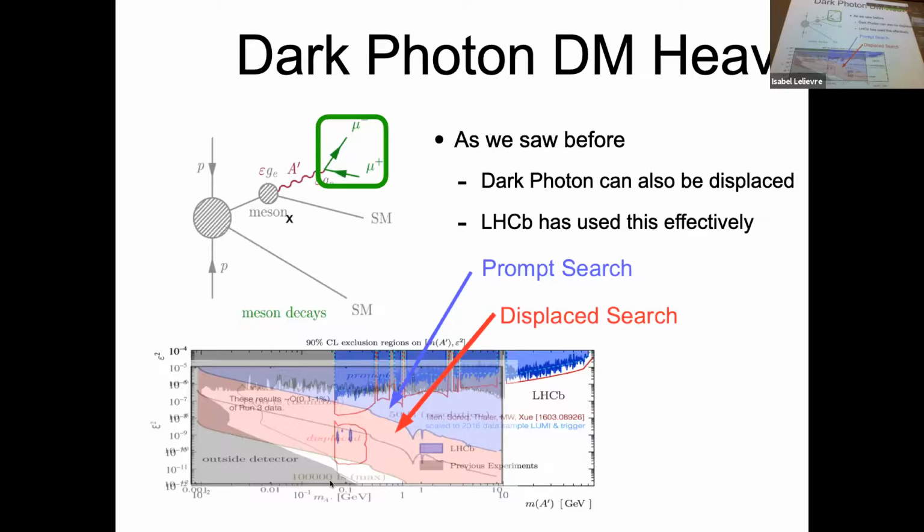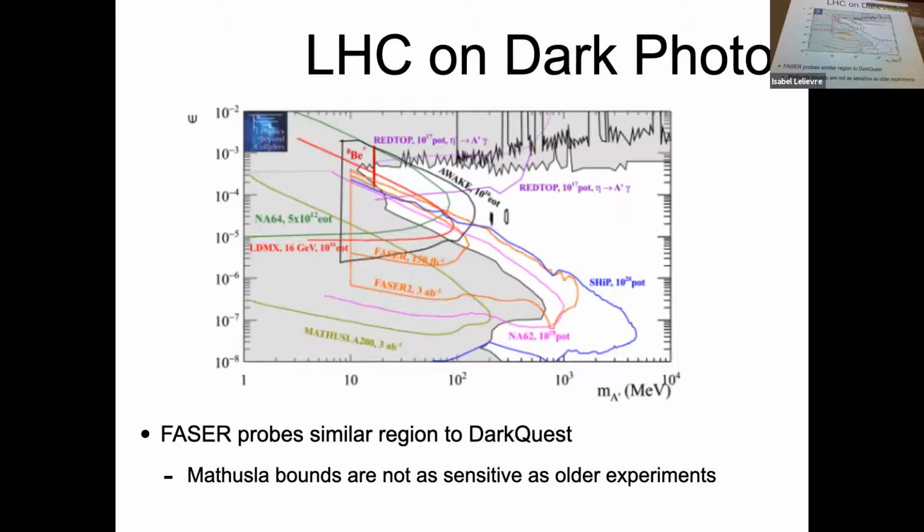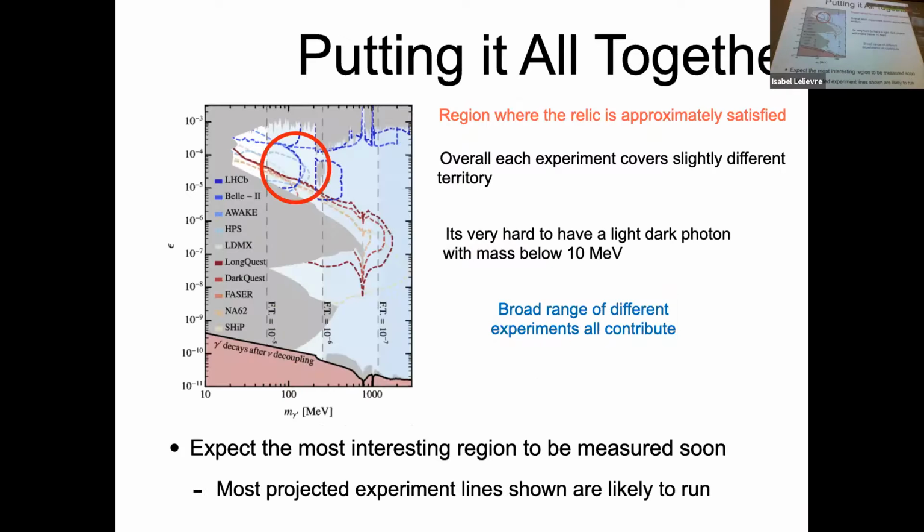All right, and I'll skip this slide. We can look at the bounds for these dark photons. I showed you the LHC bounds. The Methuselah bounds actually are not so great. They probe regions that people have already probed with just these low energy electron beams. The bounds for FASER are a little bit worse than the NA62 and SPS runs. And here's all of the bounds.